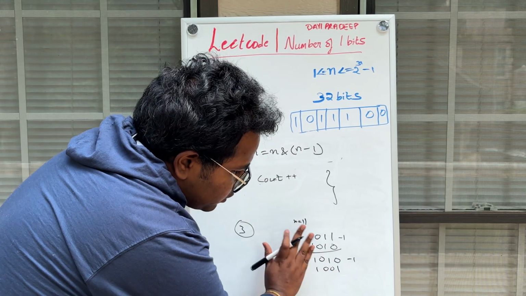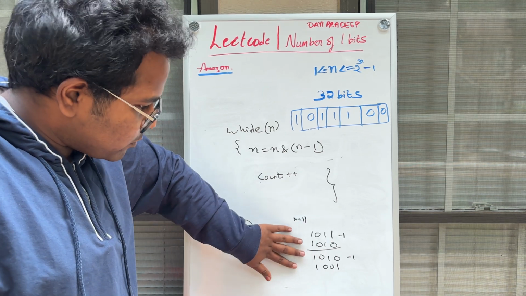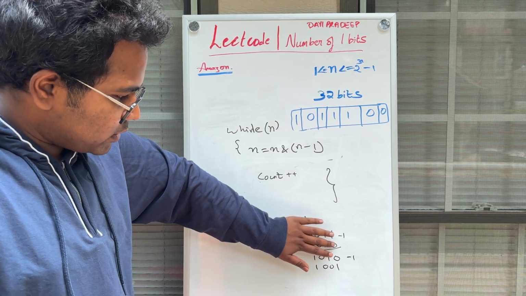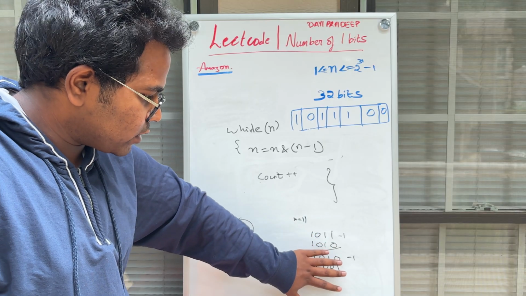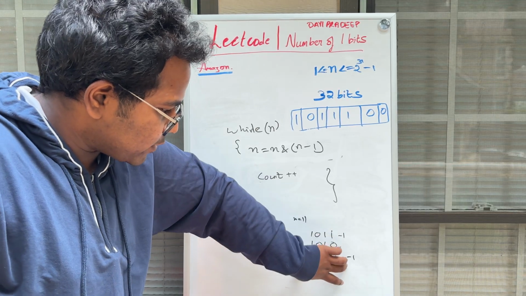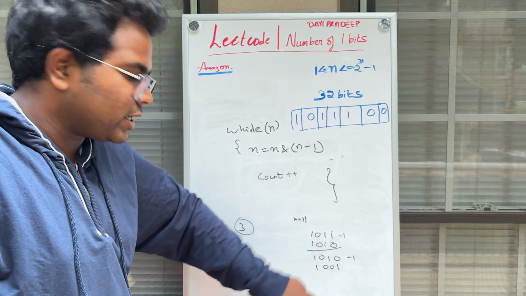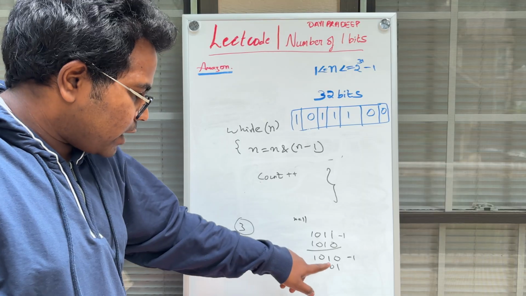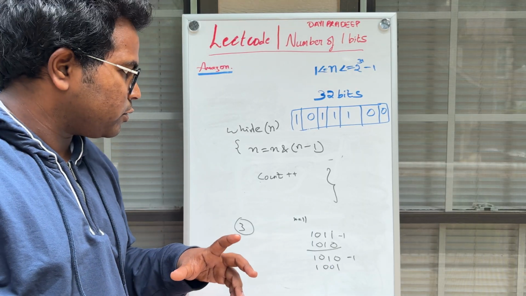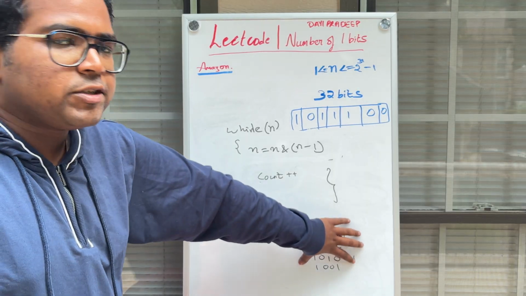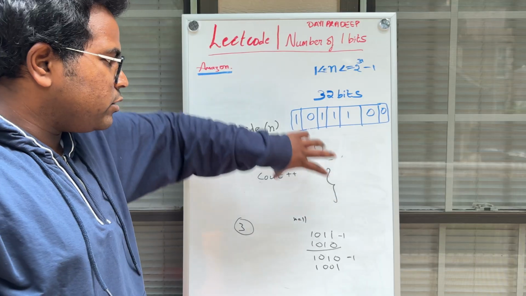See, these are the only two conditions when you do -1. Either it removes one bit from the number, or it changes the position of the bit so that it doesn't match the previous solution. I think you got the intention of what I'm trying to prove to you. This is the main intuition why he has used -1 particularly and done the AND operation.